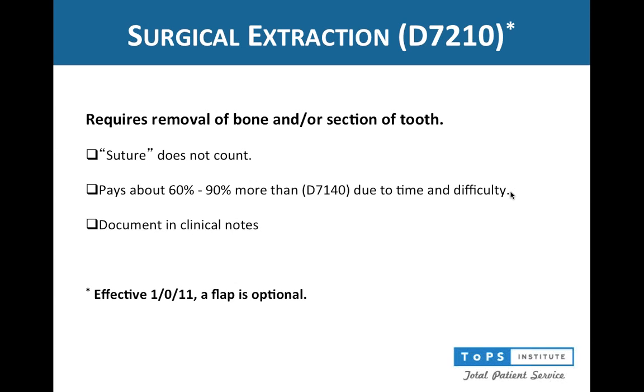Remember that it does require the removal of bone and/or sectioning a tooth. If you're doing any of those types of procedures, then you may freely code the 7210. I also might think of taking an intraoral photo of that sectioned tooth just in case.